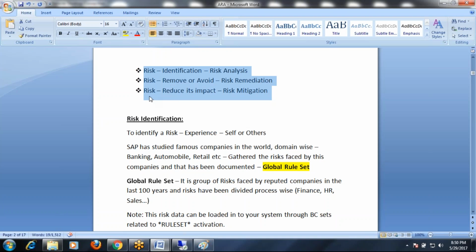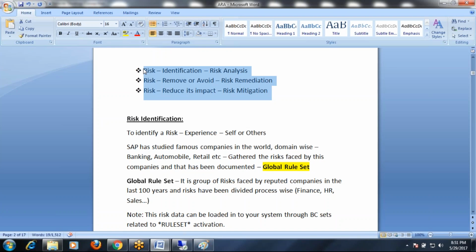And if the risk is already occurring, then we will not be able to remove or avoid it. We will try to reduce its impact. So that concept is called risk mitigation. And risk removal is called risk remediation. Identifying a risk is called risk analysis. So these are the 3 main concepts which we are going to discuss in this concept area.